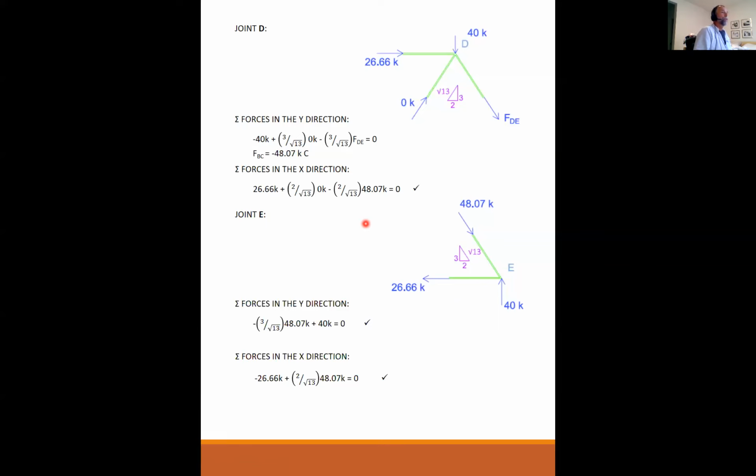So when you're going through joint by joint, it's not specifically sum the moments, sum the X, sum the Y. It's just that by the time you're all done, you should have 3 checks because you had 3 degrees of freedom. Okay, thank you. No problem.